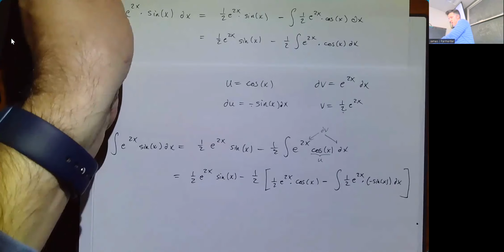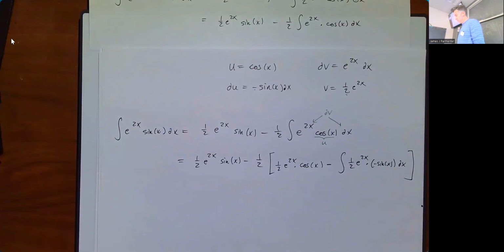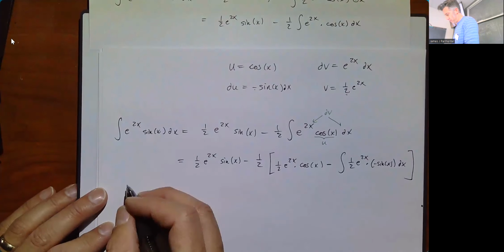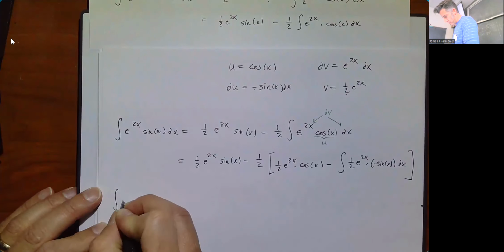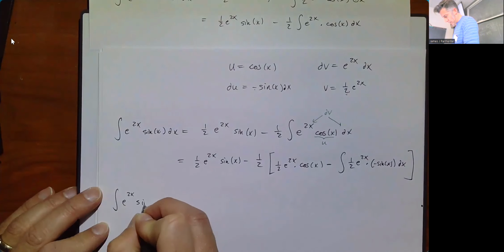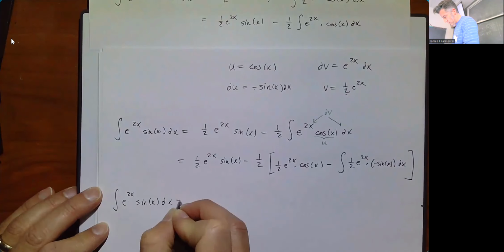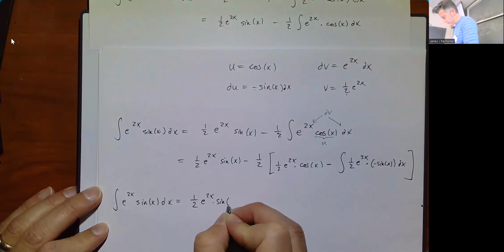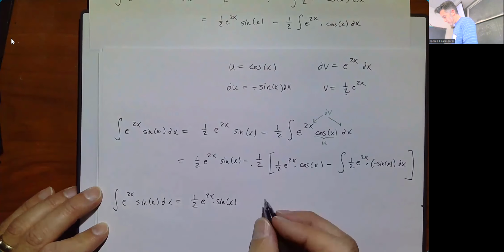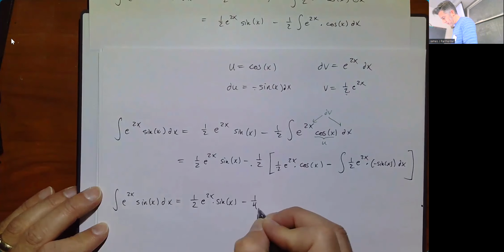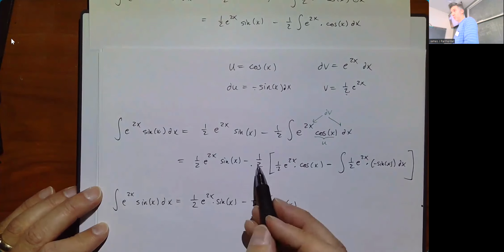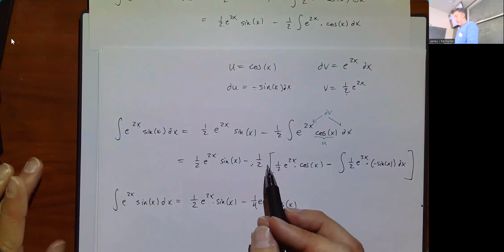We're almost done with this problem, I promise. We can finish it in the next minute and a half here. So I'm going to distribute here, and I'm going to be super careful. Get the integral of e to the 2x sine of x dx equal to 1/2 e to the 2x times sine of x minus 1/2 times 1/2 is minus 1/4 e to the 2x times cosine of x. And the minus, so watch extra closely.